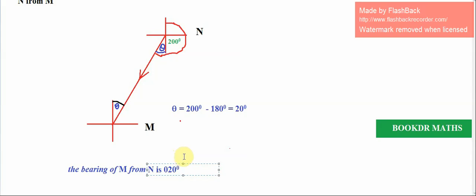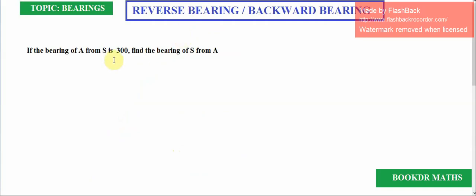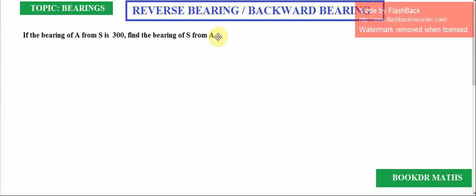That is it. Let's look at another question. If the bearing of A from S is 300, find the bearing of S from A. Another display of backward bearing or reverse bearing. So the first thing which you need to do is to draw the bearing of A from S, 300 degrees.